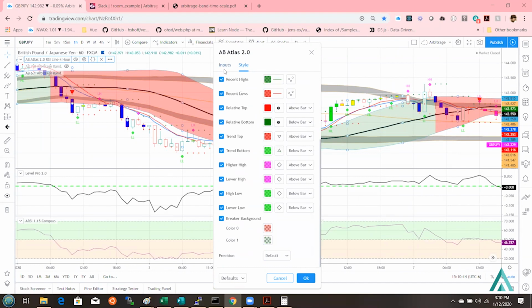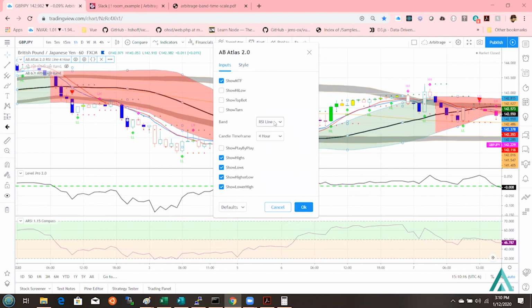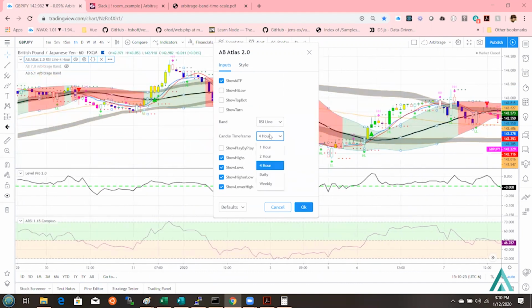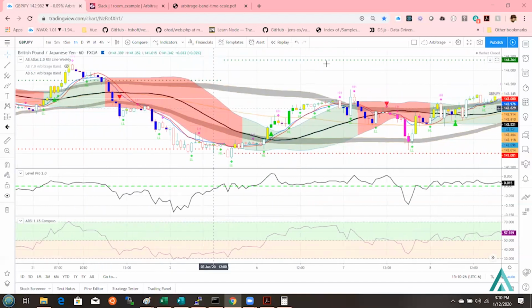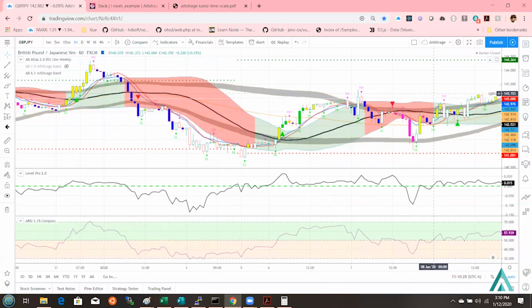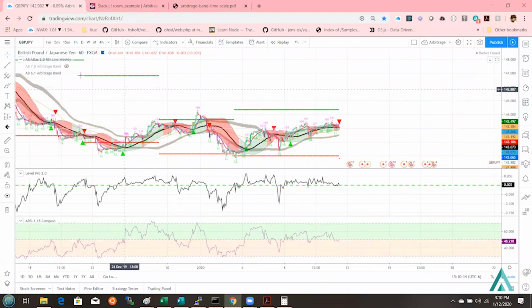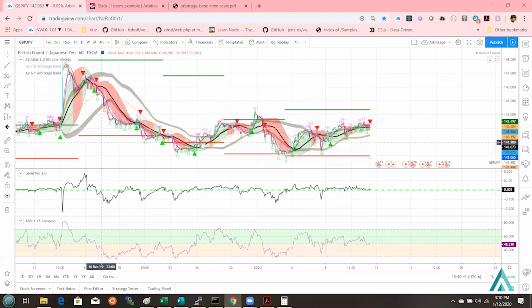Okay, I will add that as a feature because right now it's only a dotted line and I don't allow you to change it. But for example, on a weekly, if you zoom in or zoom out, I'm zoomed way in so you actually see the dots, but I can see if I'm set to the weekly, it's saying where my weekly support and resistance were for each candle, where it closed and where it may have opened and closed, right? So I can see what range I'm staying within.